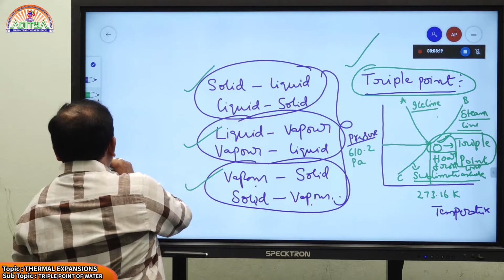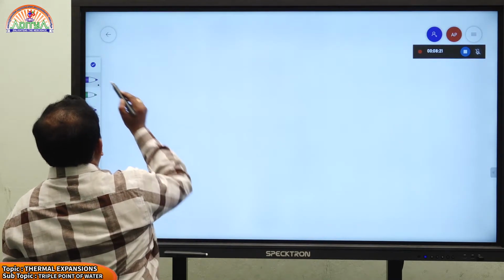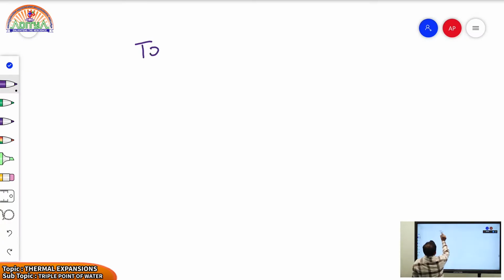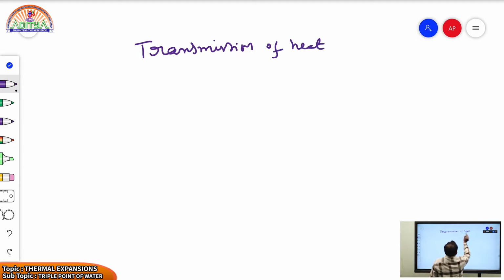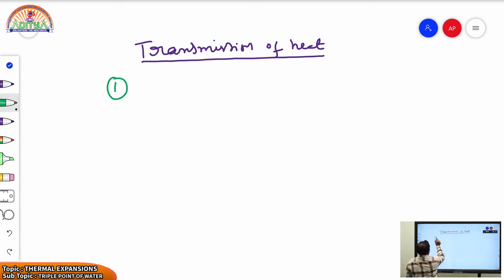Okay, now we will go to the next part called transmission of heat. Yesterday I gave a brief explanation of it. Heat transfer will take place in three different methods.